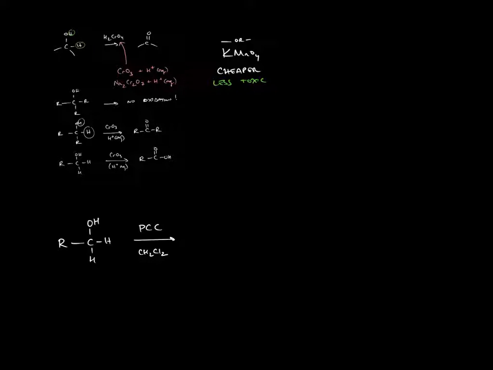Because you wouldn't add any water, you would not convert the aldehyde product into a hydrate, and therefore there would be no second oxidation. So using chromic acid, we can oxidize a secondary alcohol to a ketone. We can oxidize a primary alcohol all the way to a carboxylic acid. But if we want to turn a primary alcohol into an aldehyde and stop there, we would use pyridinium chlorochromate instead.